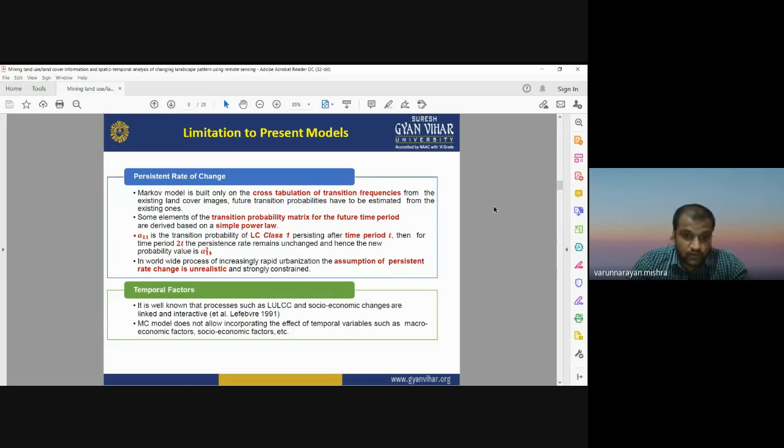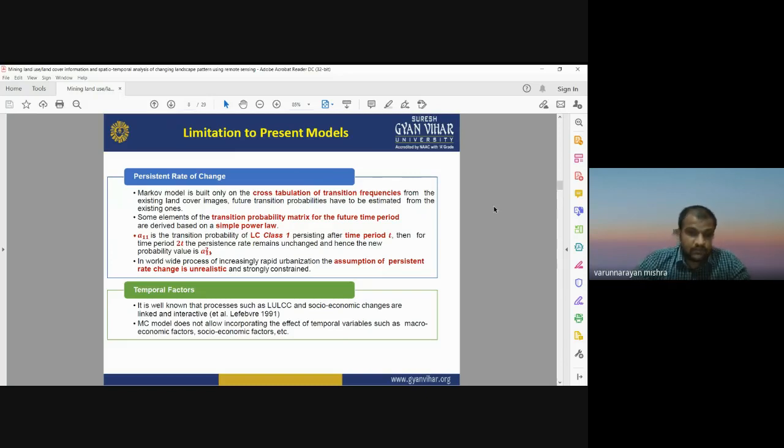Okay, so temporal factors may be well known processes such as LULC change and socioeconomic changes. So we can link the LULC changes with the socioeconomic changes. These socioeconomic changes are considered as the temporal factors, and the Markov chain model does not allow incorporation of the temporal factors.